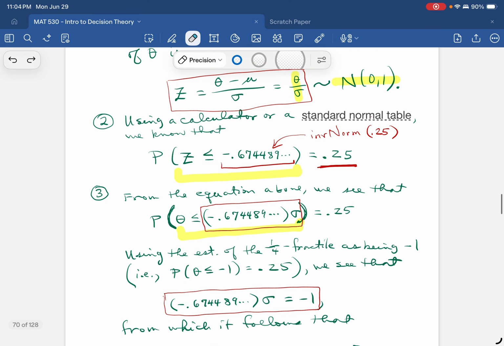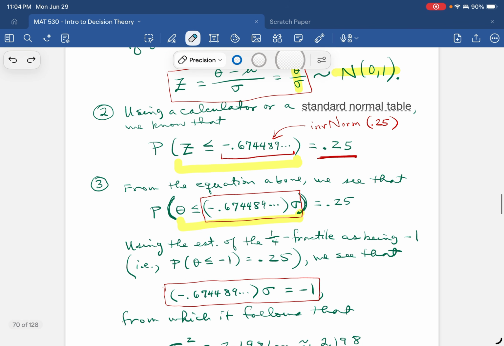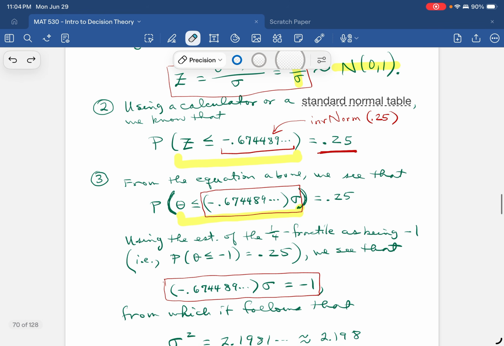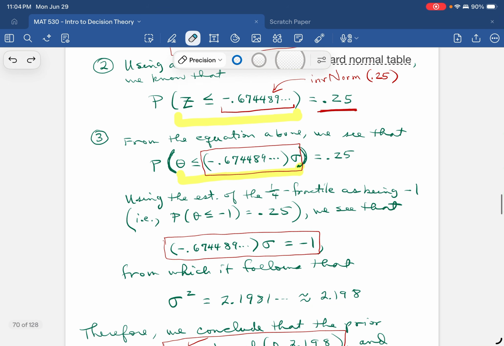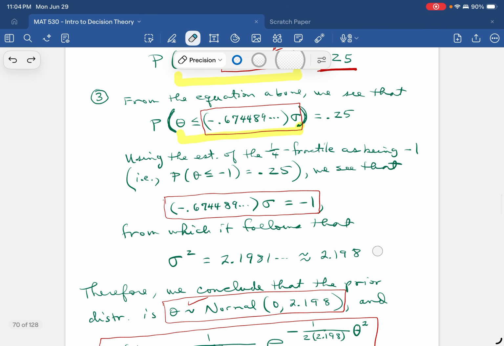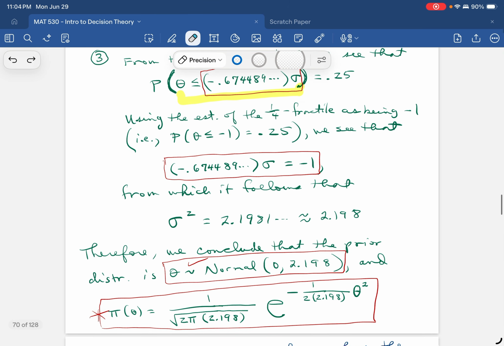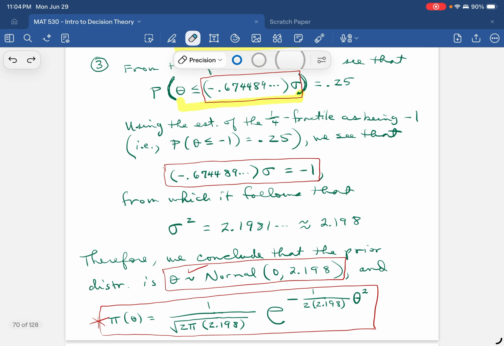And remember that we decided that the 1/4 fractile is -1. So theta, we said that theta less than or equal to -1 should be 0.25. So now just equate those two and solve for sigma. And then square it if you want to. That's 2.198, and therefore we conclude that the prior distribution that we select from the normal family is what we see here, and the density is what is given here.